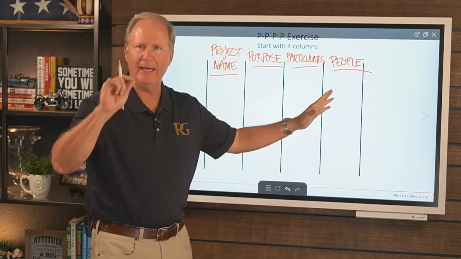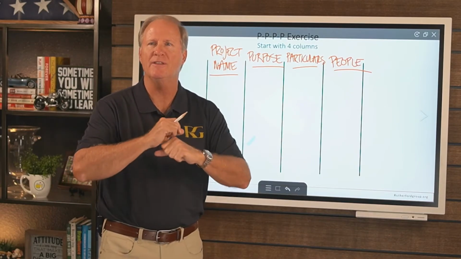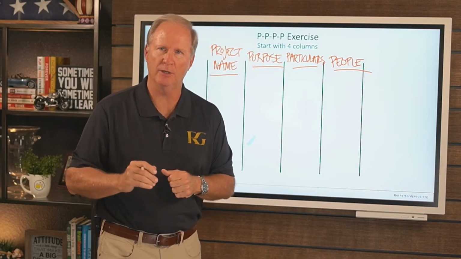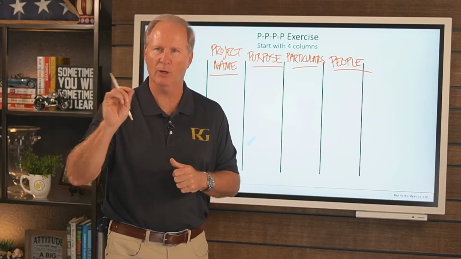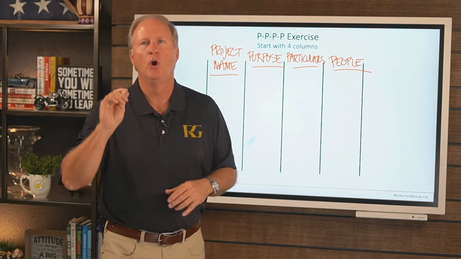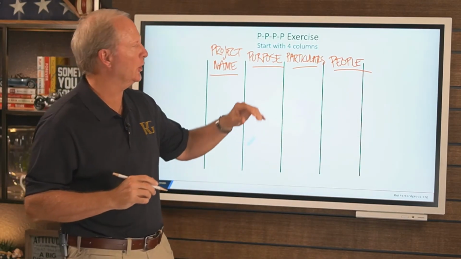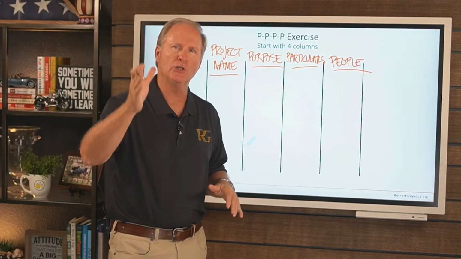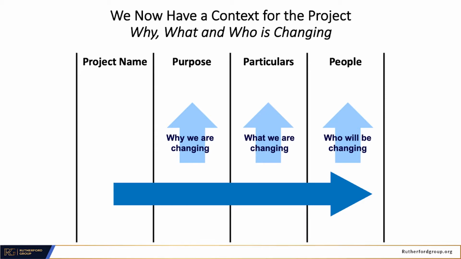And by the way, you can't say everyone because that's not good enough. You need to be specific, person by person, no matter the size of your organization, person by person. Because remember what we discussed earlier, organizational change occurs at the individual level, one person at a time.